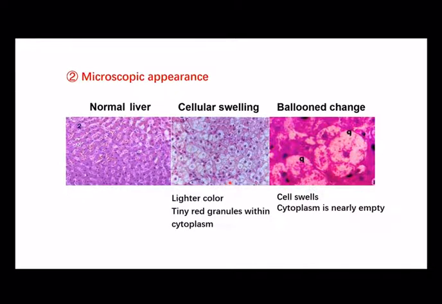We can see in the second picture, the swelling cell is much bigger than the normal one, and they have lighter color and lots of tiny red granules in cytoplasm, like here.